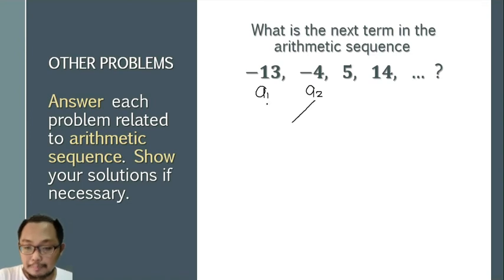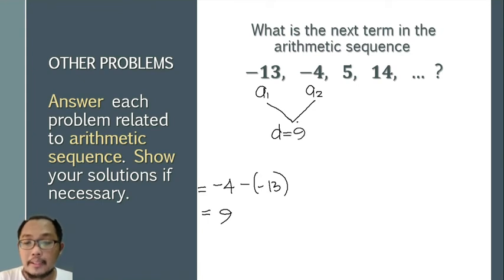Having the difference of these two terms, let me do some scratch work here. We have negative 4 minus negative 13 for our common difference, which is equal to 9. Our common difference is equal to 9.